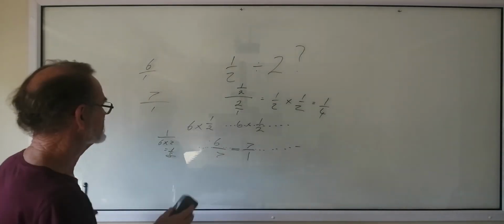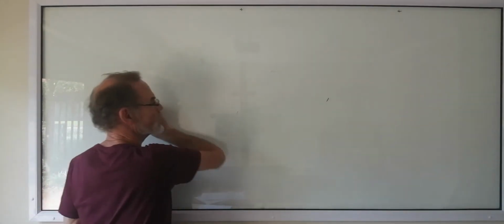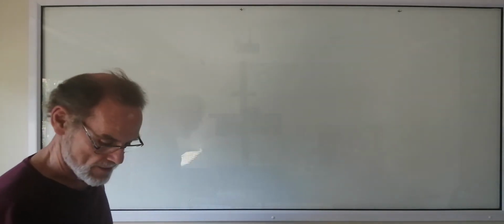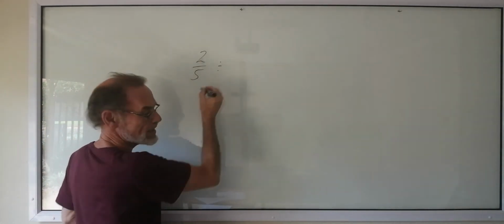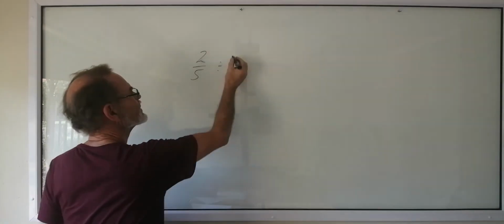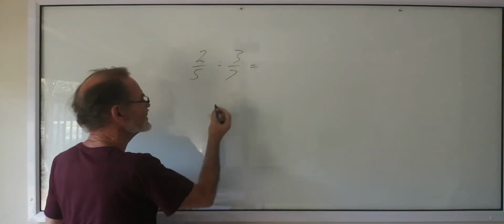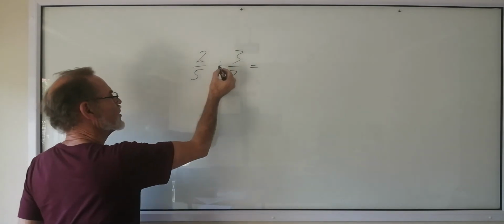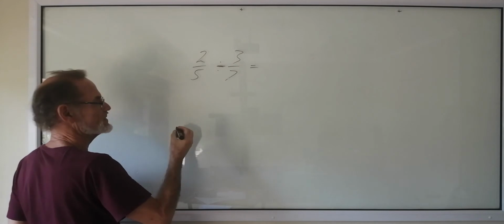Now we'll do some slightly more challenging examples quickly. 2 over 5 divided by 3 over 7. All you do is, the one just after the divide sign is the only one that is turned upside down.